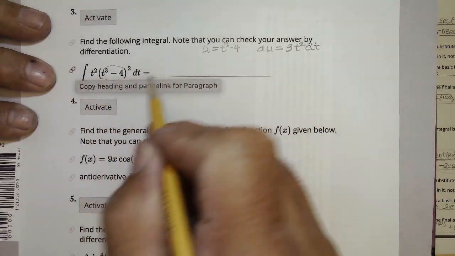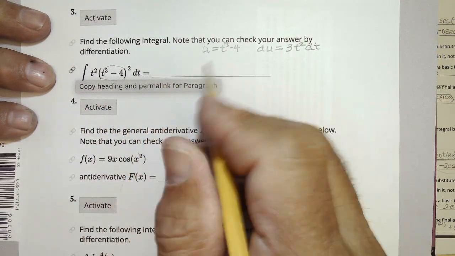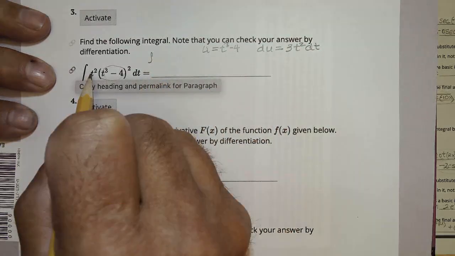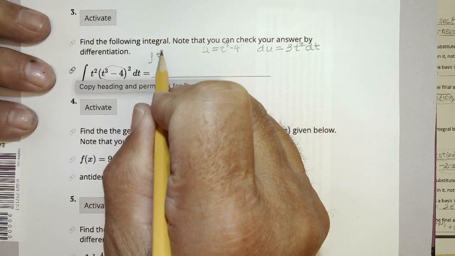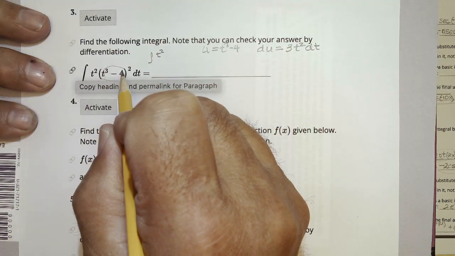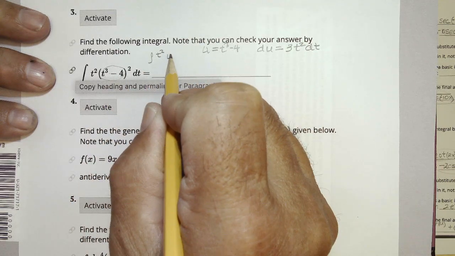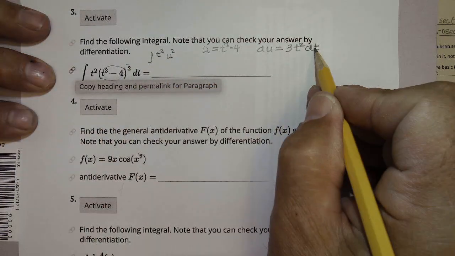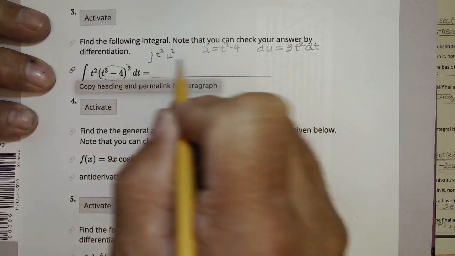So this would turn into the antiderivative of t squared, u squared, and dt would be du over 3t squared.